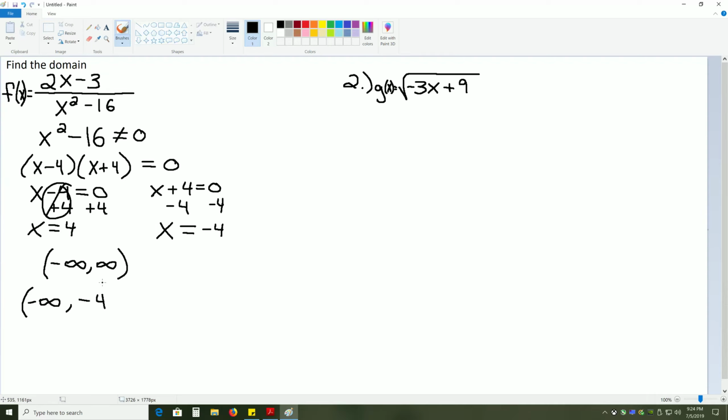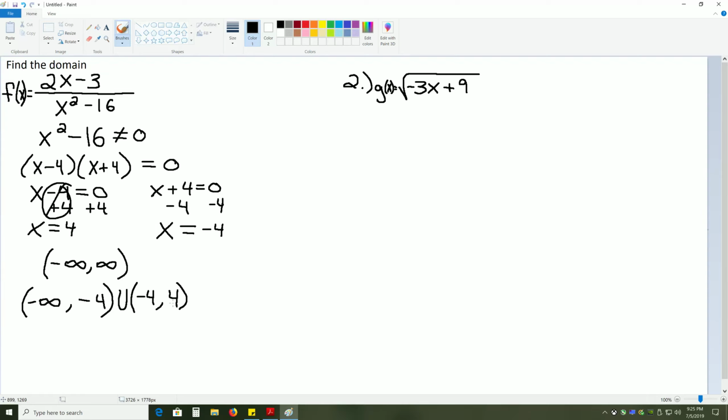That number cannot be included, so we put a parenthesis with it rather than a bracket. And then we put a union sign to say that this is continuing, and we pick up right where we left off at negative 4 and continue until the next break in our number line, which occurs at positive 4. Positive 4 also will not work.